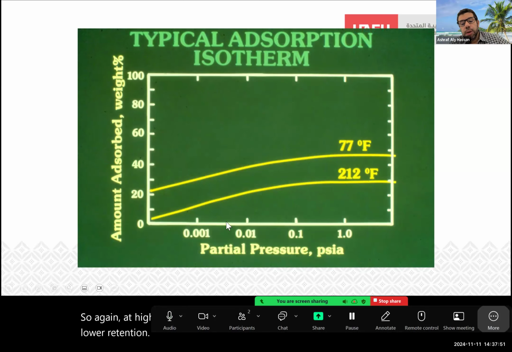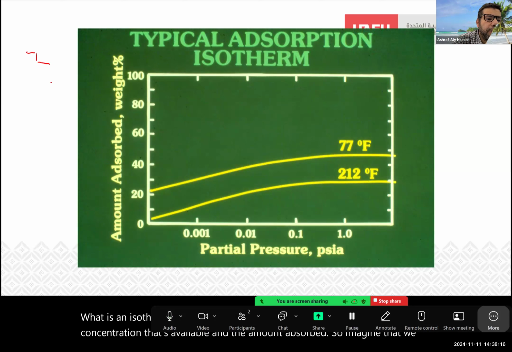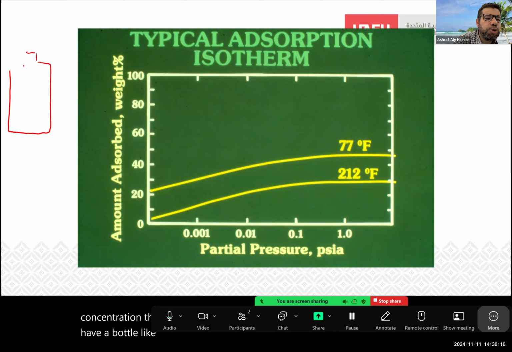So in this, I'm showing you a typical isotherm. Now, what is an isotherm? An isotherm is a graph that we make between the concentration that's available and the amount adsorbed. Imagine that we have a bottle like this. This is an actual experiment that I have done myself and a lot of people have done themselves.